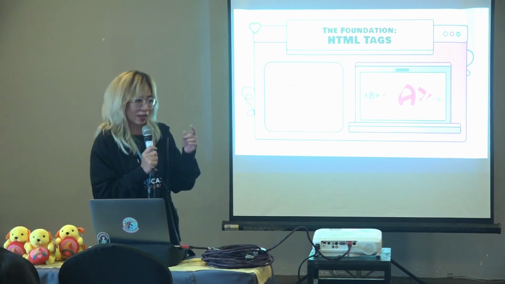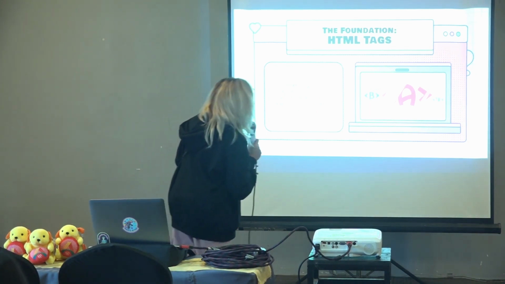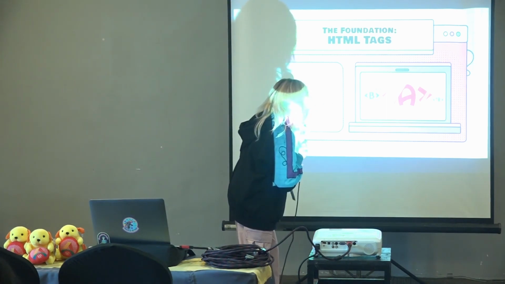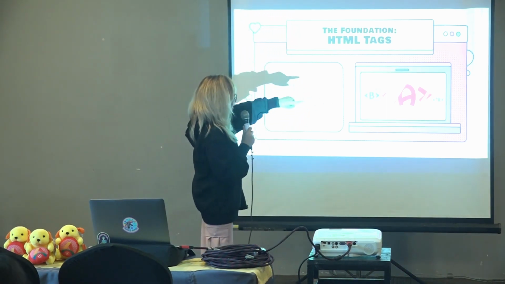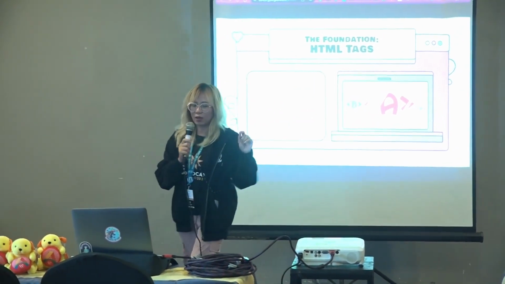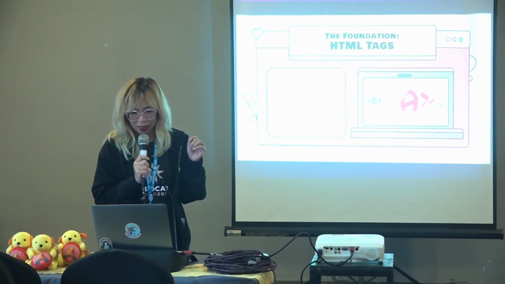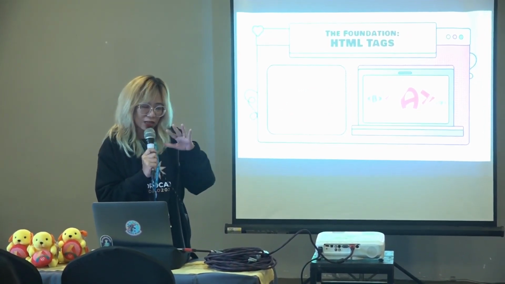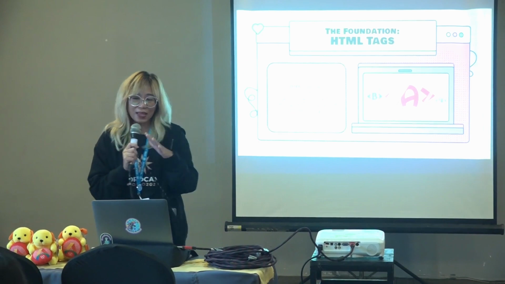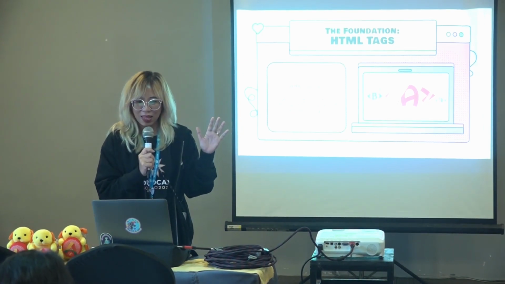For example, the H1 tag. Let me see, do I have H1 here? No, I don't, but it's exactly like this. You have this and then H1. That one stands for heading. So the H1 tag acts like the main entrance, making a big statement at the top.